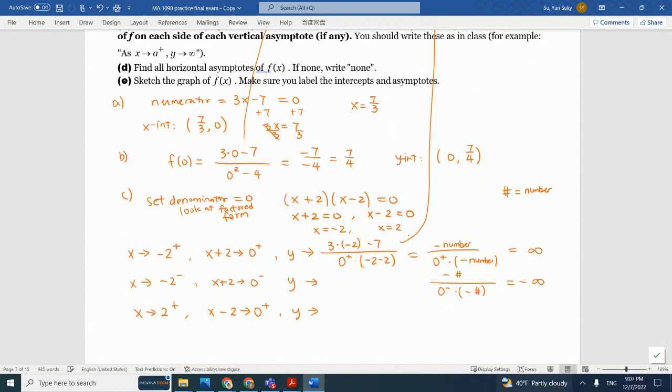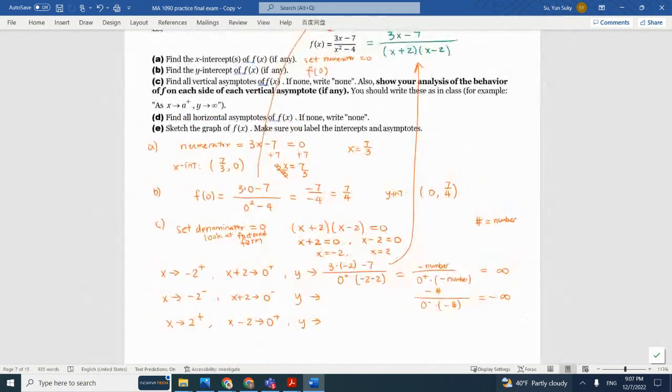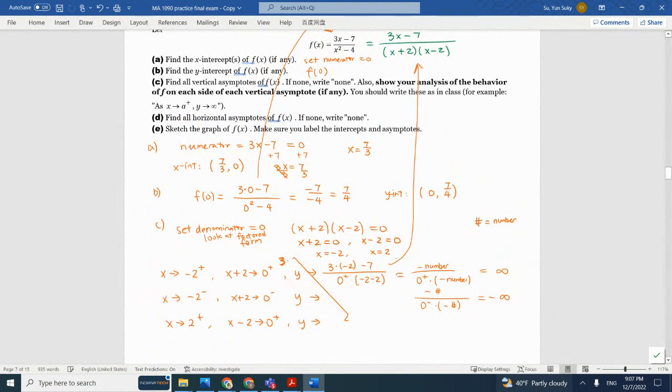So when we plug in, y goes to, looking at the factored form, 3 times 2 minus 7, over (2 plus 2) times 0 plus. 3 times 2 is 6, minus 7 is -1. 2 plus 2 is 4. Therefore, one negative gives us negative infinity.